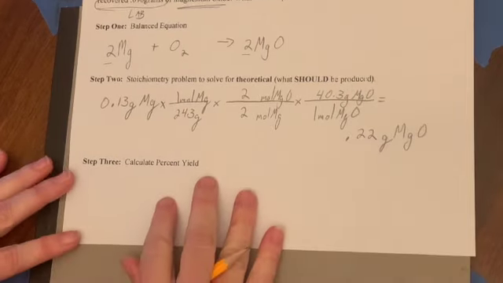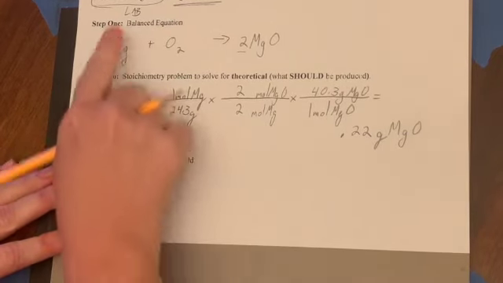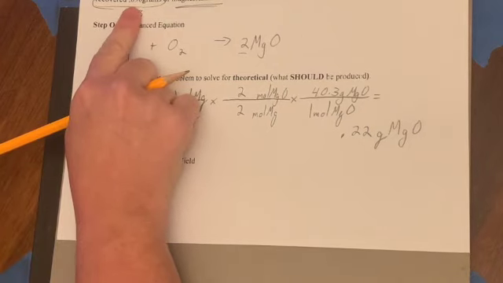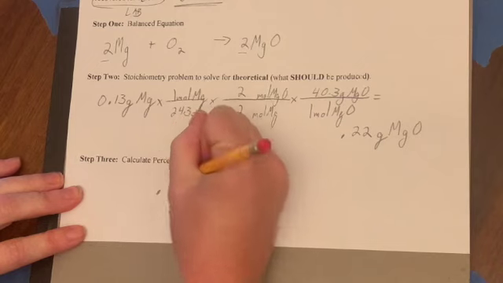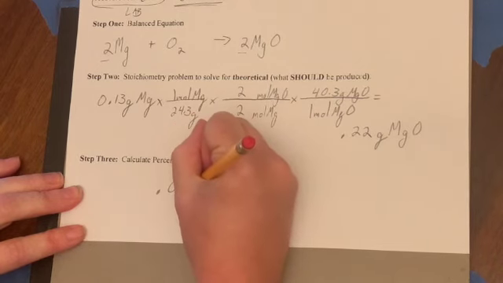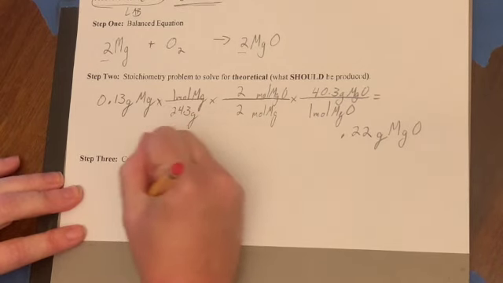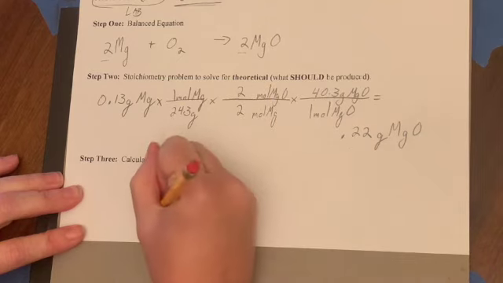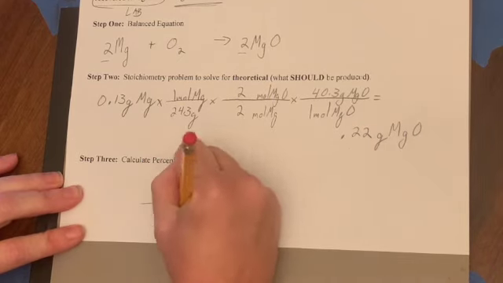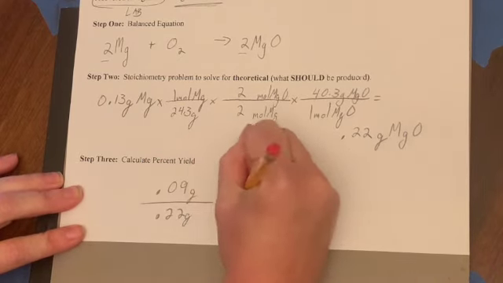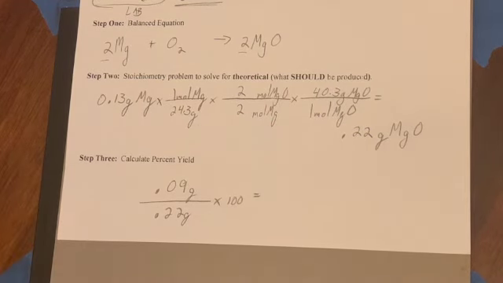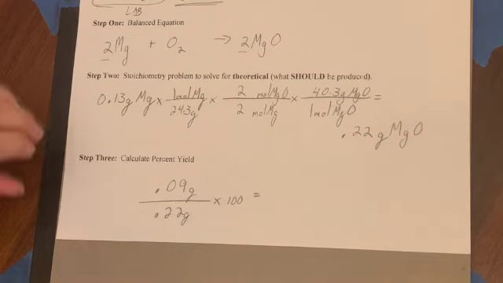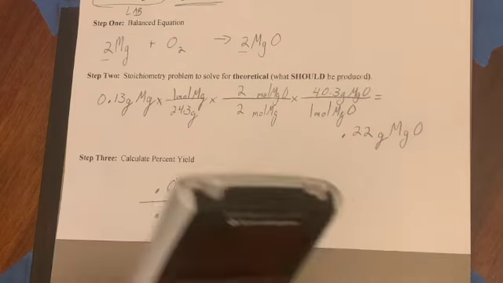I want the percent yield. So you're going to take her actual, her lab data, which was 0.09 grams. You're going to divide that by what she should have gotten, which was 0.22 grams. And then we're going to multiply that by 100. Let's put that in our calculator and see what we're going to get.